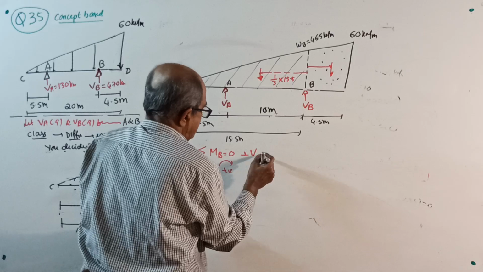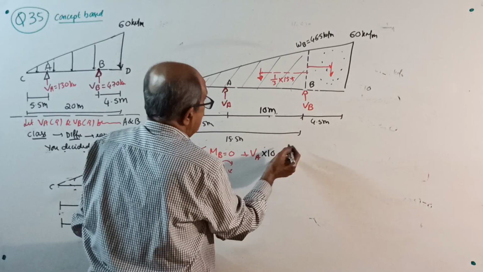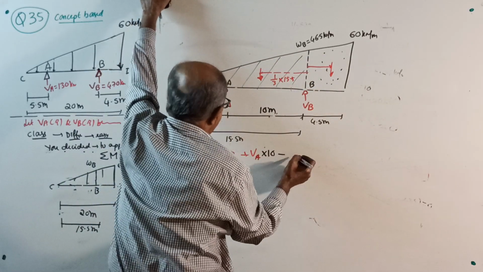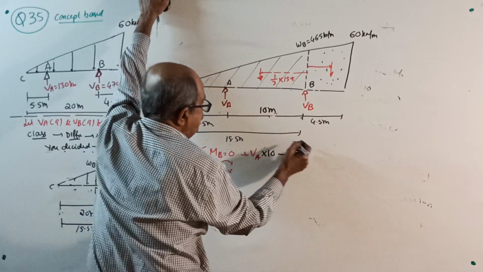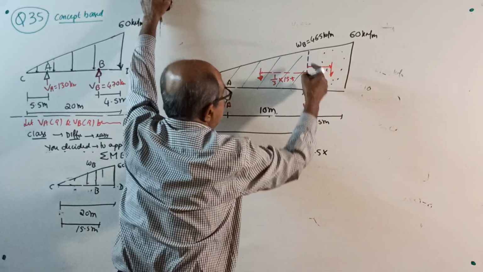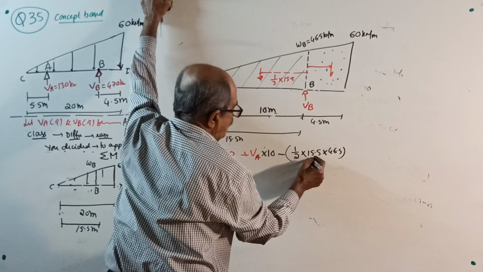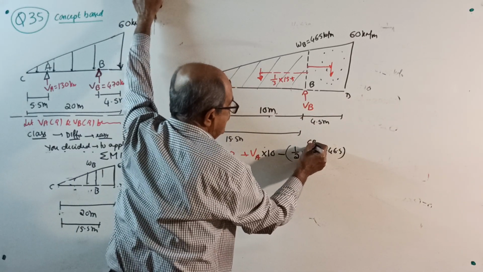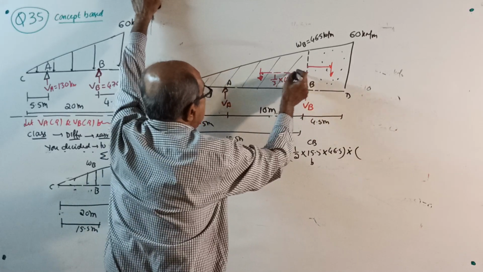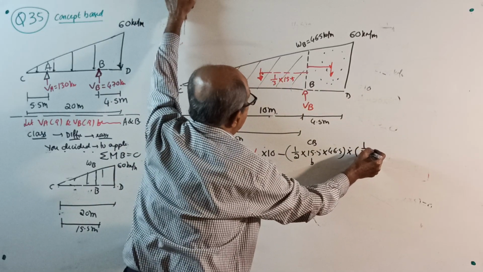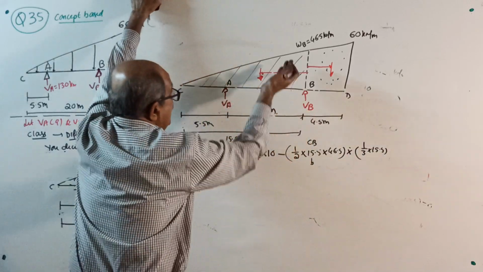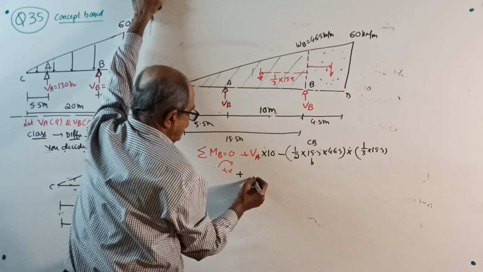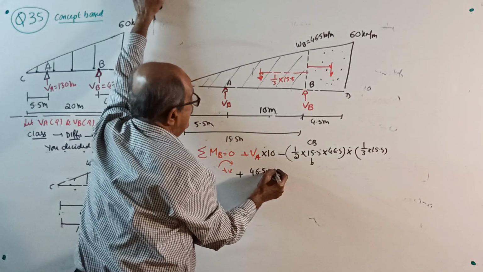Plus VA into 10, minus moment of this load, minus half into 15.5 into 46.5, which is the total load downward from C to B, into this distance, 1 by 3 of 15.5. That is anti-clockwise, then this is clockwise.